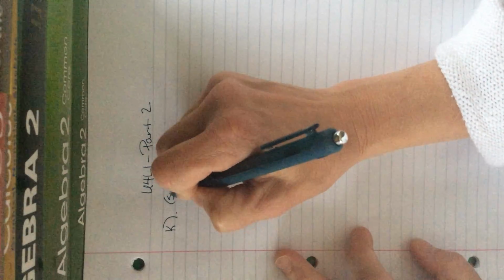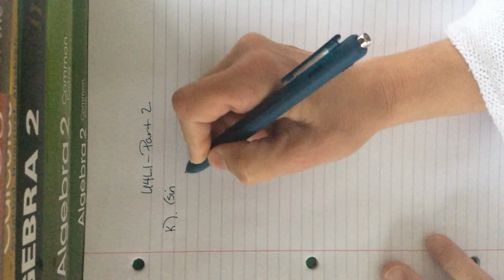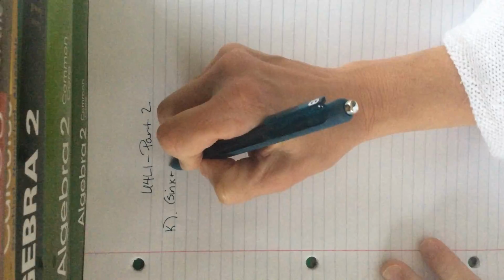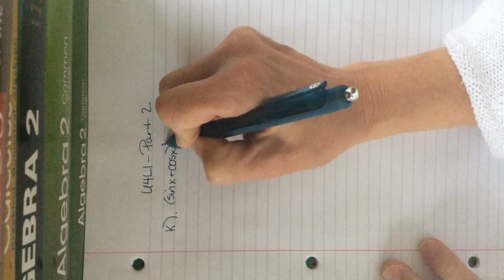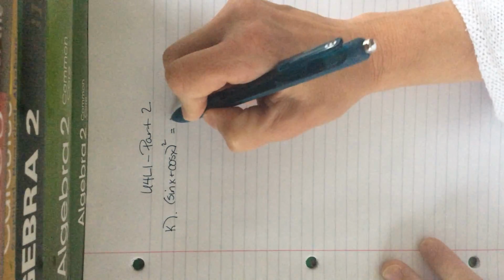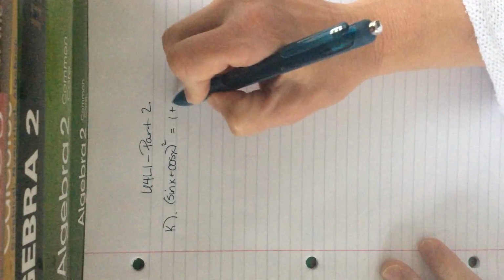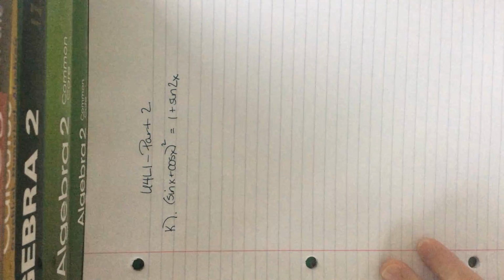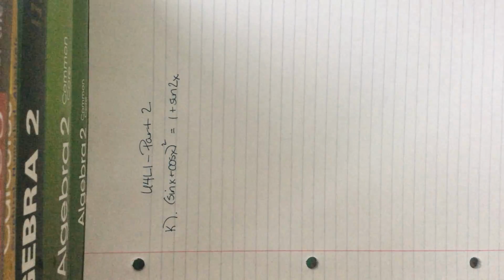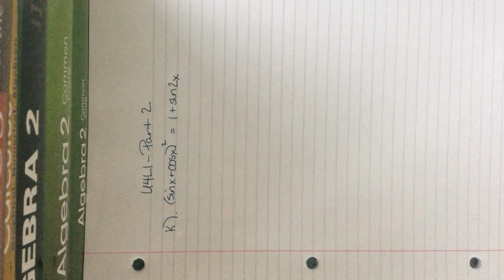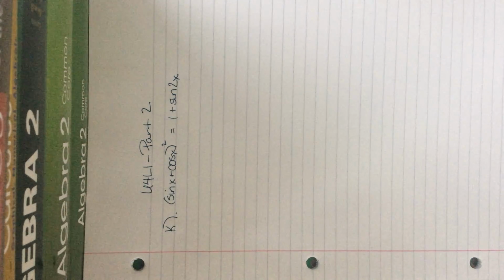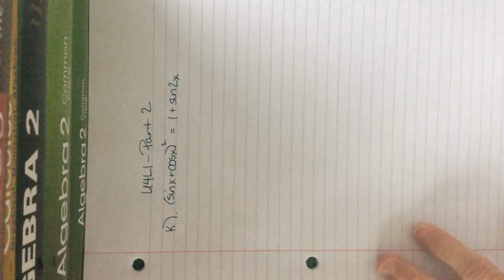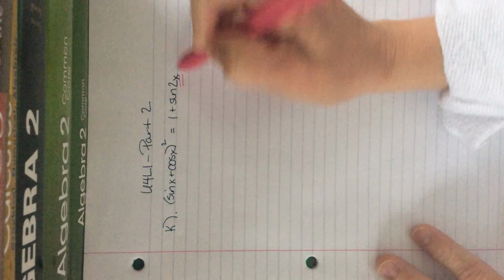Our example K looks like this. We have (sine of x plus cosine of x) squared equals 1 plus sine of 2x. I'm hoping that you have your identity sheet handy, because these are going to be examples that involve a double angle.